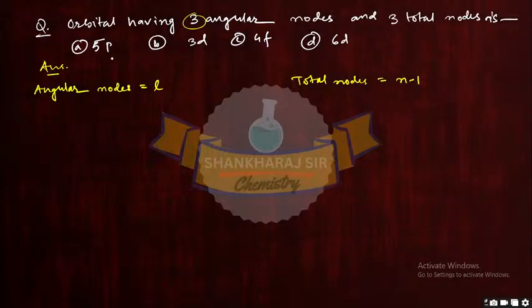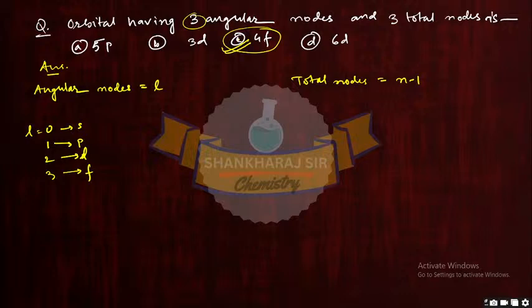I hope you remember that l 0 means s, l 1 means p, l 2 means d, l 3 means f. So there should be an f option, and only one option is there. So it should be f, and it should be option C. C should be the correct answer. So this is how you can solve.